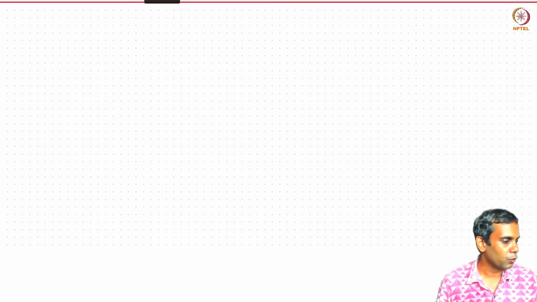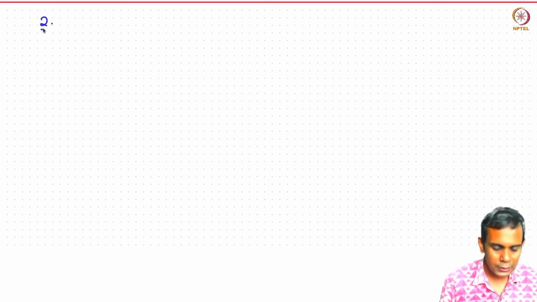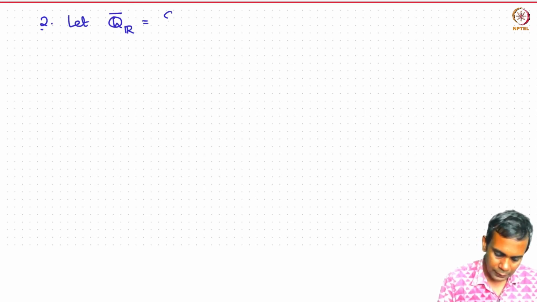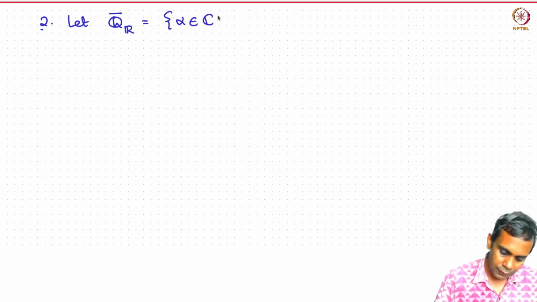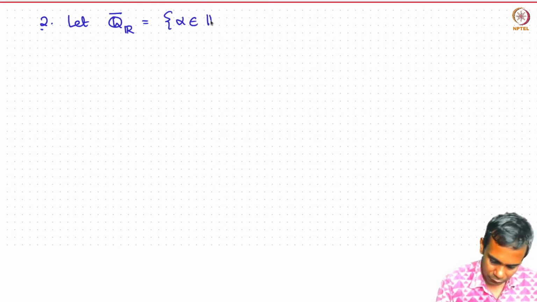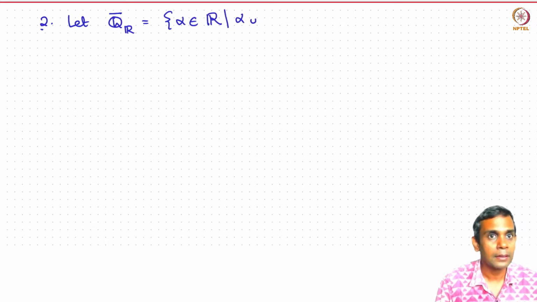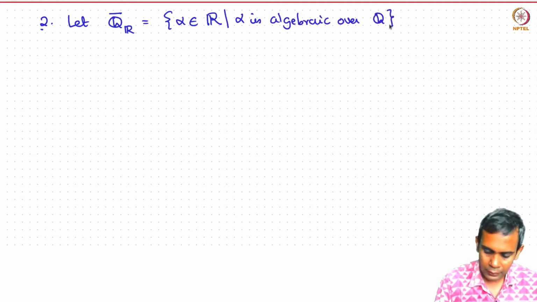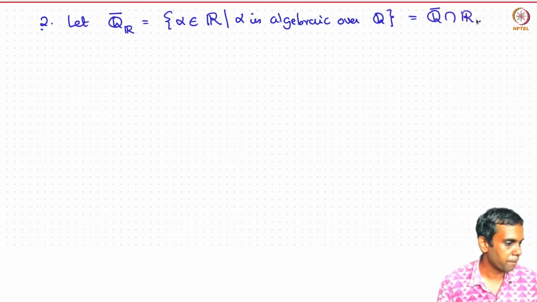So we don't really need to do that separately. Okay, now let's move on to problem 2. For this problem, let's define a subfield of Q bar. I'll call it Q bar subscript R. It's the set of real numbers alpha such that alpha is algebraic over Q. So this is nothing but Q bar intersect the real numbers.